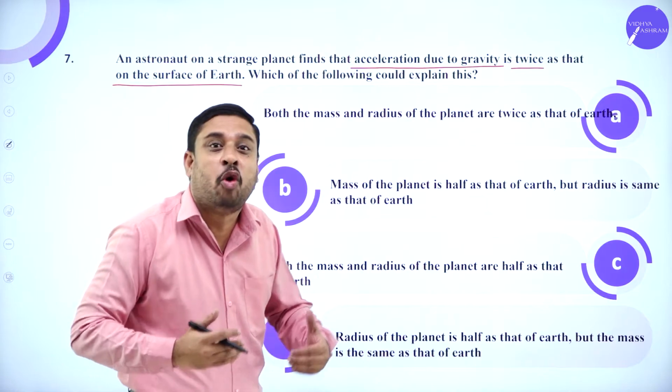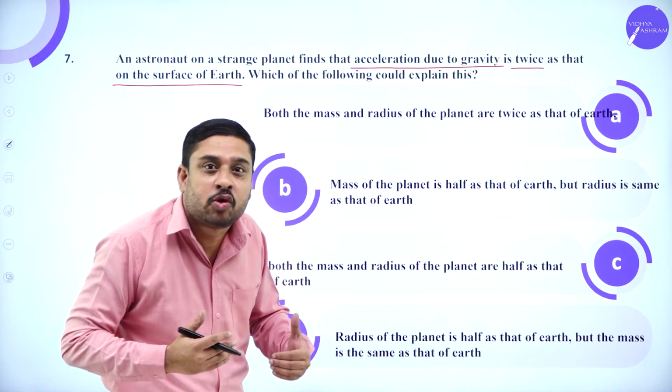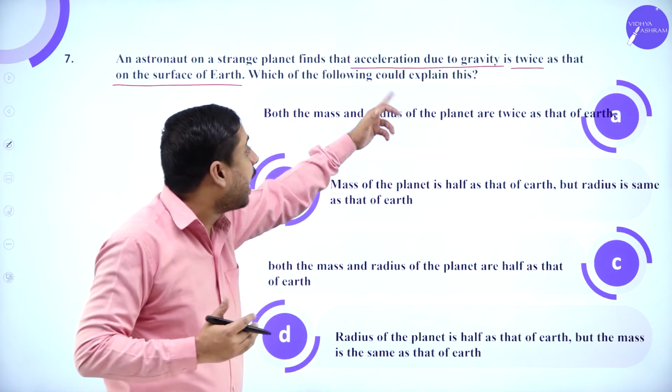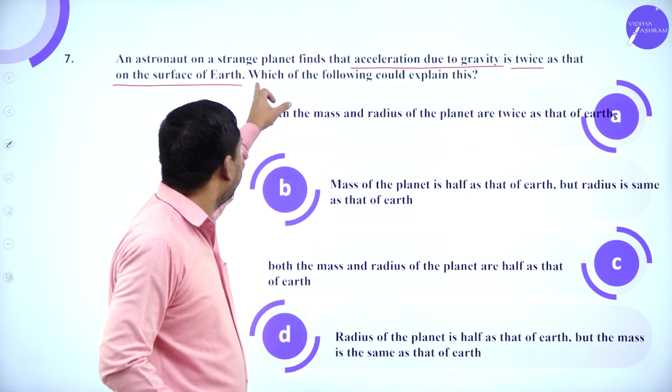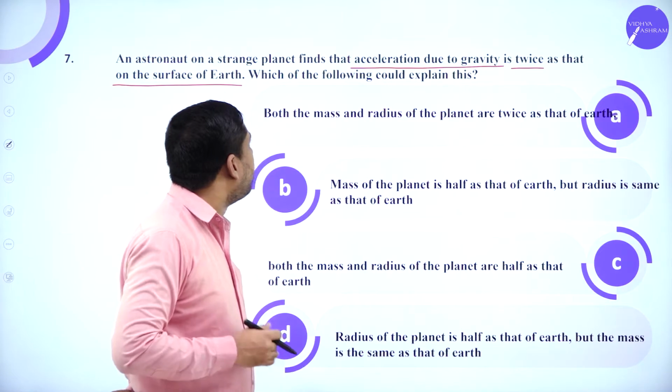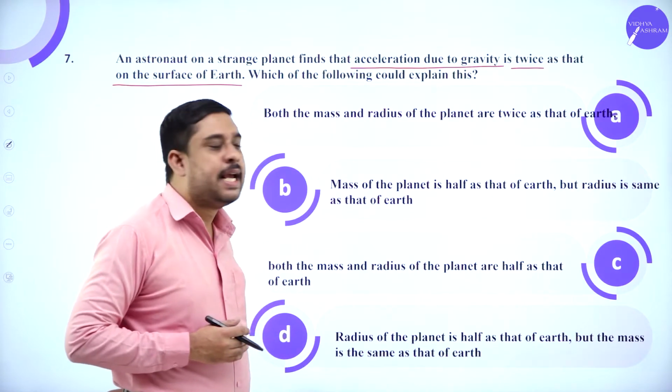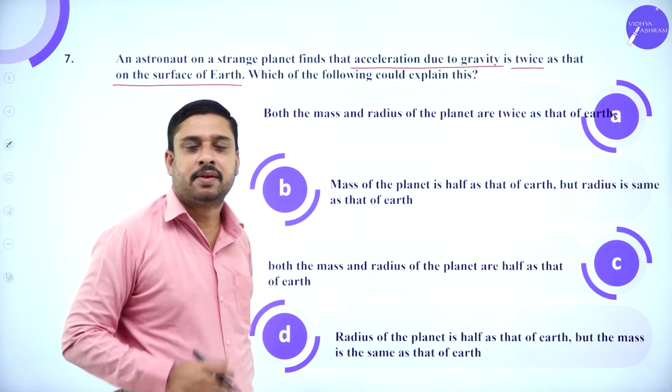That is, acceleration due to gravity there is 2 times that. Which of the following could explain this?